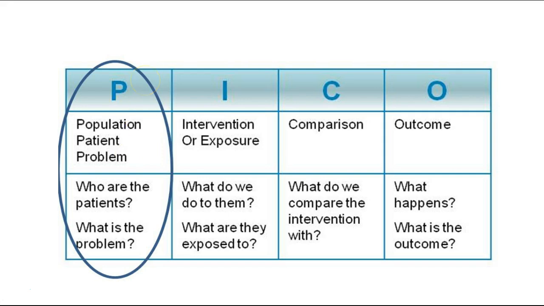So when we're looking at P, we're looking at the primary problem. We're looking at patient characteristics such as gender, age, activity level. So the more precise you can be in this area, the more refined and better research articles you'll get when you're doing your lit search. So P stands for either population, patient, and/or problem.